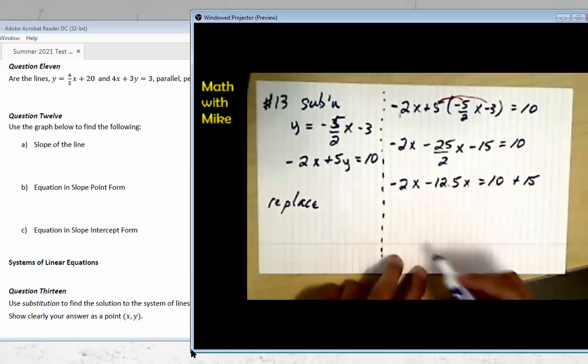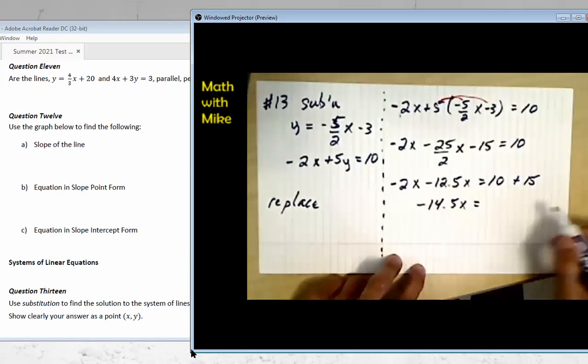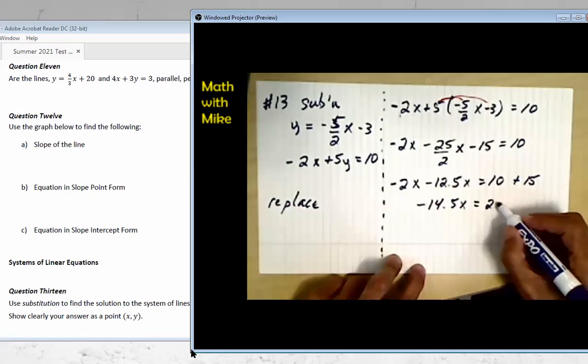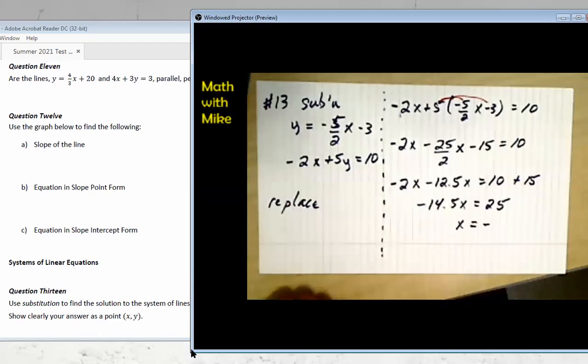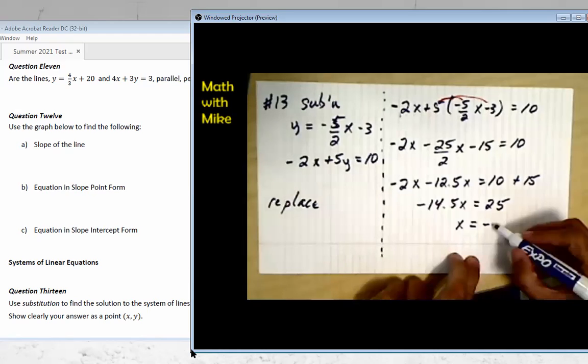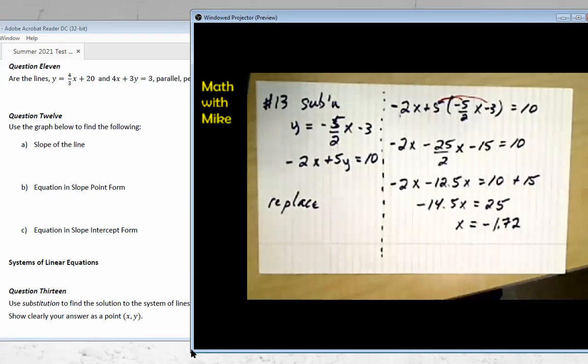So this gives, yeah, it's weird, -14.5x is 25. And you work this out. With my mathematical brain on one part and my eyes on the answer key on the other, let's see that x is equal to -1.724. Okay, yeah, it could be.